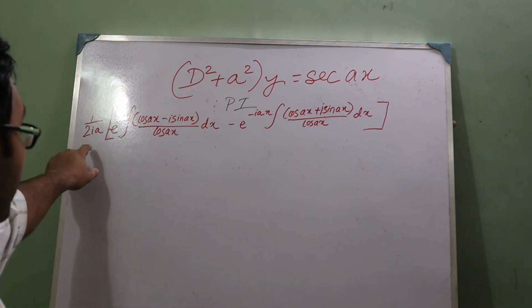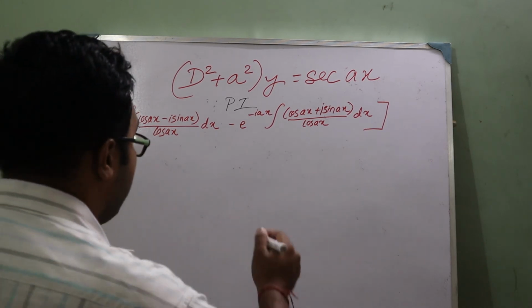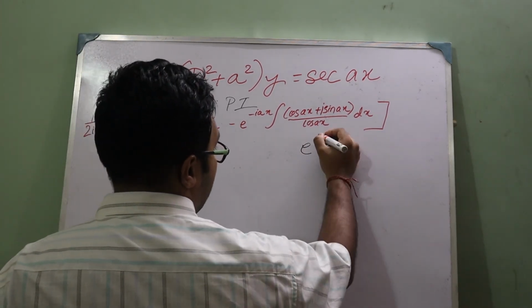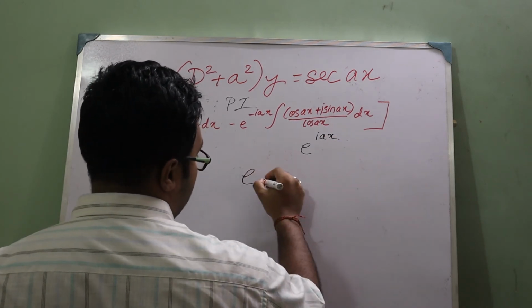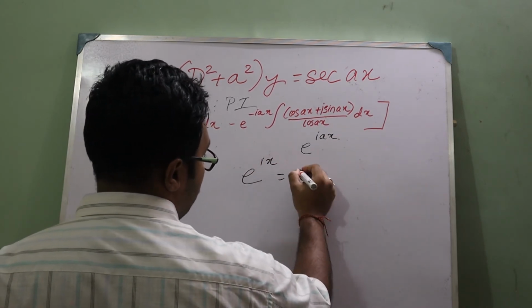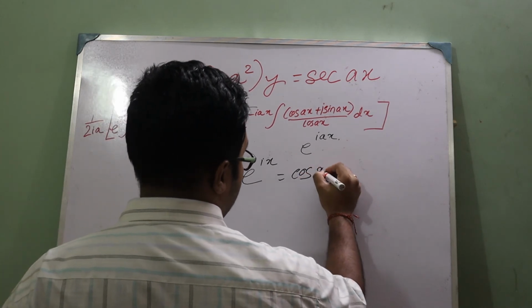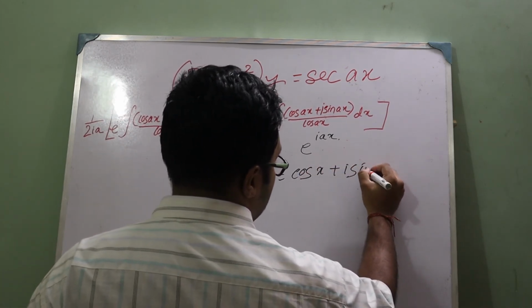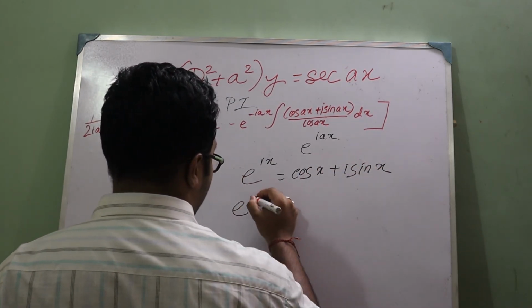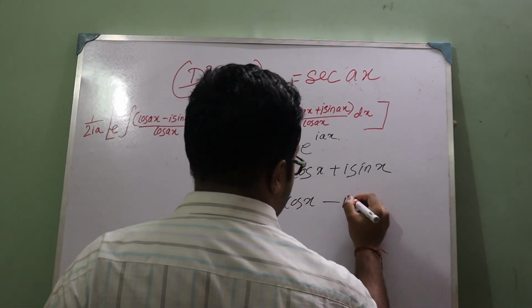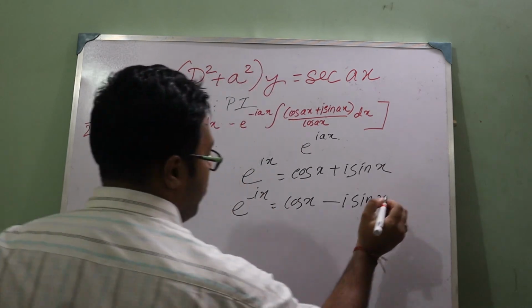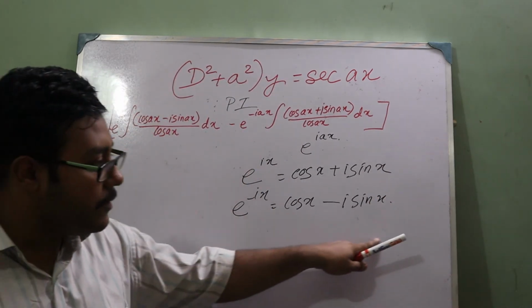Here, as you can see, I have broken down e to the power iax. I hope all of us know that e to the power ix is equal to cos of x plus i sin of x, and e to the power minus ix is equal to cos of x minus i sin of x. I hope all of you are familiar with this.